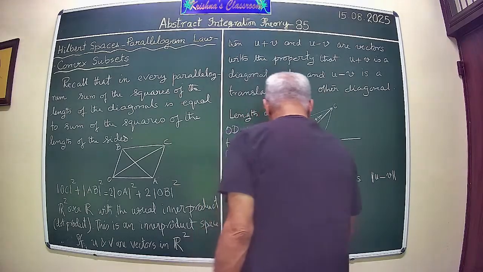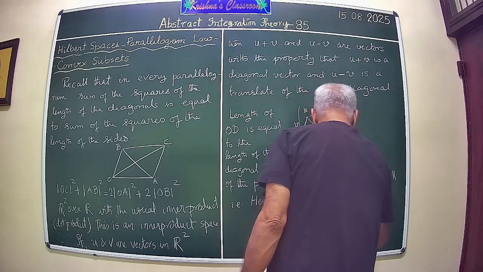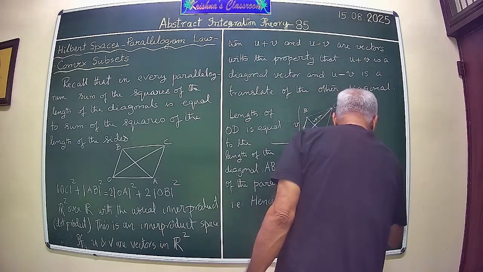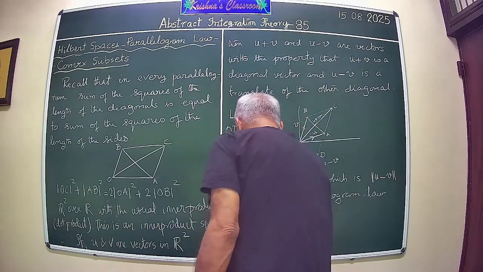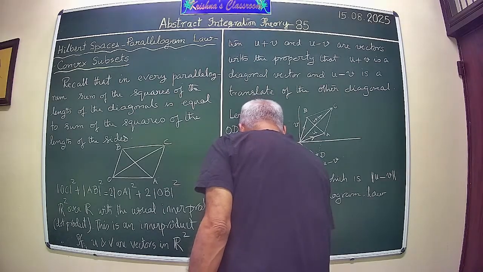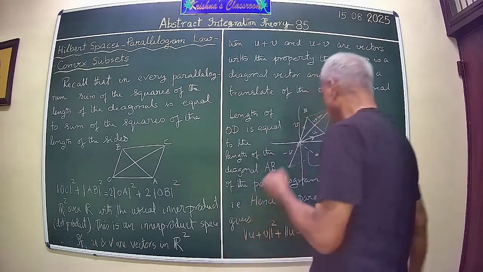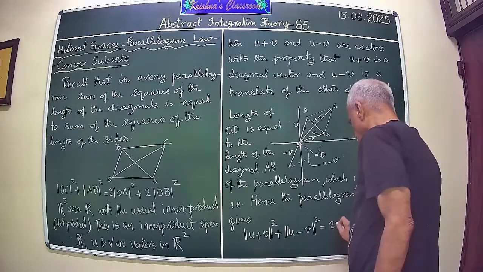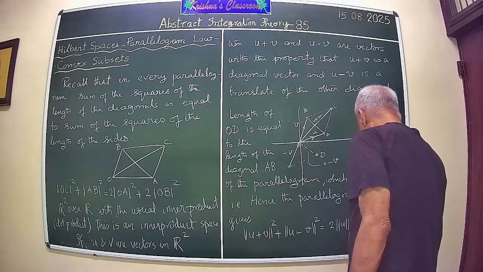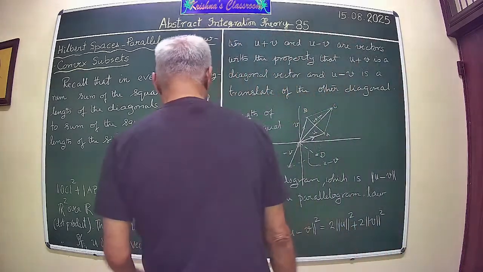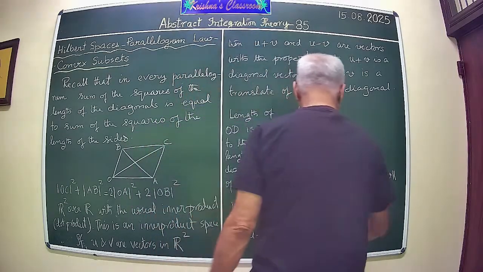the parallelogram law, square. Now this is the expression of this particular thing translated to vectors in R2.